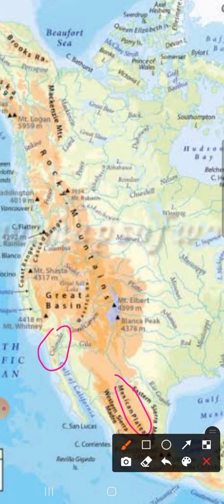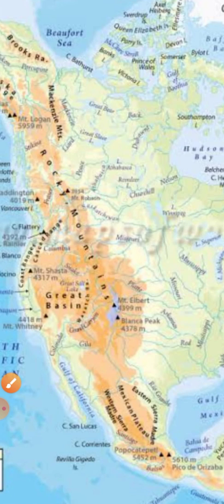The River Colorado cuts the Colorado Plateau. The River Colorado flows there only, and it cuts the Colorado Plateau and has given rise to the Grand Canyon. After this, let us learn about the Great Central Plains.